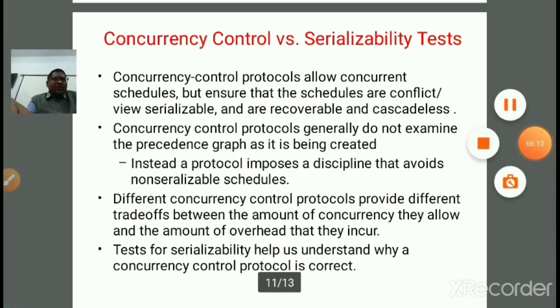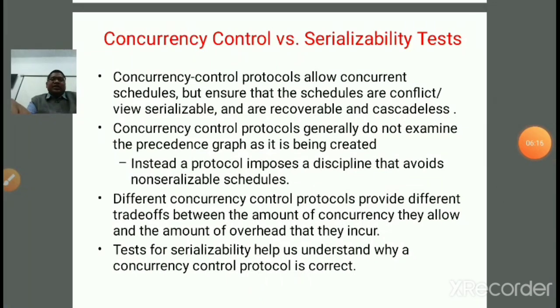Now, concurrency control versus serializability test. A concurrency control protocol allows concurrent schedules, but it ensures that the schedules are conflict or view serializable, and are recoverable and cascadeless.